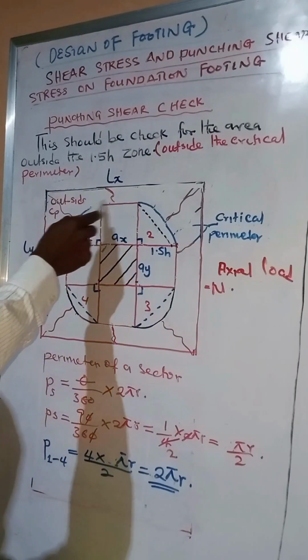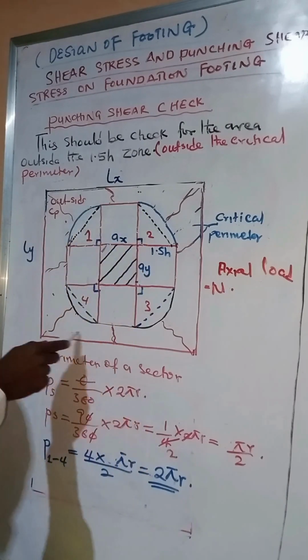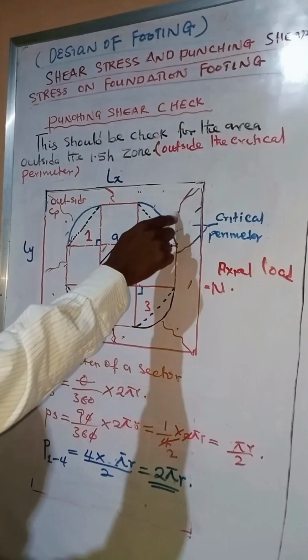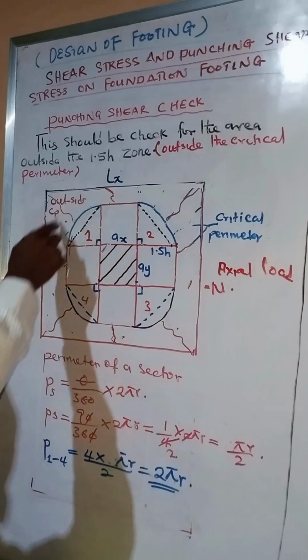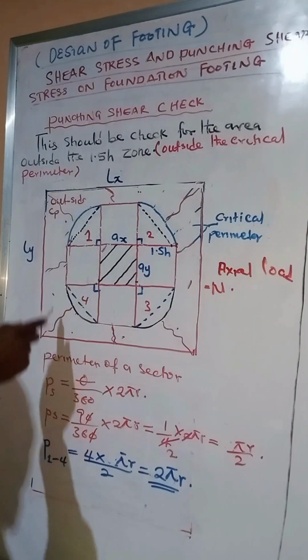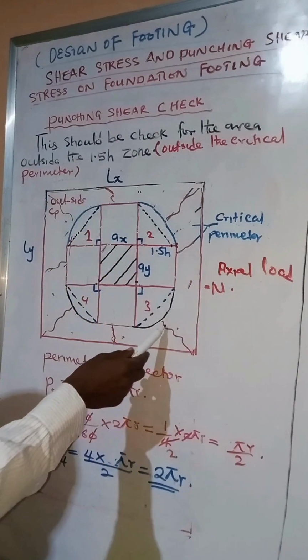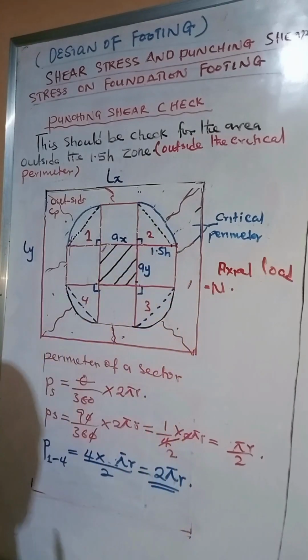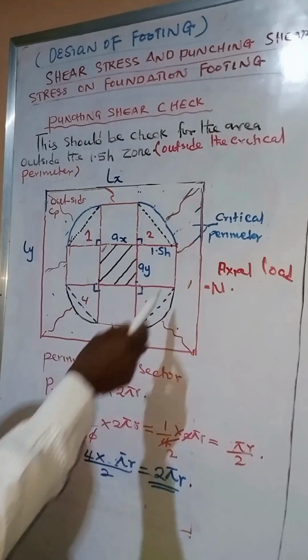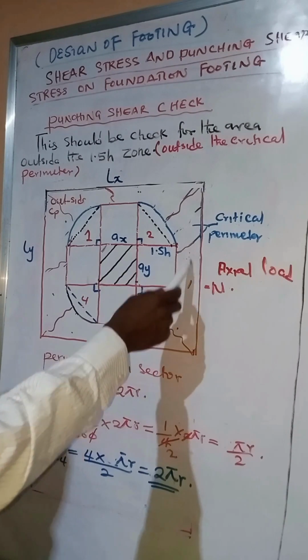So the area of failure is around this zone. This is the point of failure. You can see the cracks developing at this point. These are the areas of failure. So the punching shear failure will occur around this zone, and we need to obtain the punching shear stress in this area.